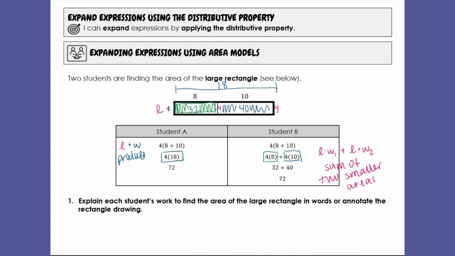Whereas student A was doing the traditional take the area of the big rectangle. Hopefully this problem was familiar from something you did in 6th grade with the distributive property, working with numbers and looking at how they can divide different parts of a rectangle and different strategies to approach it.